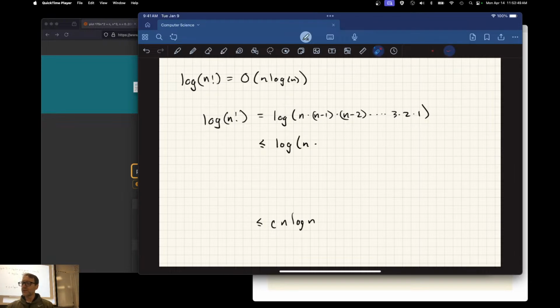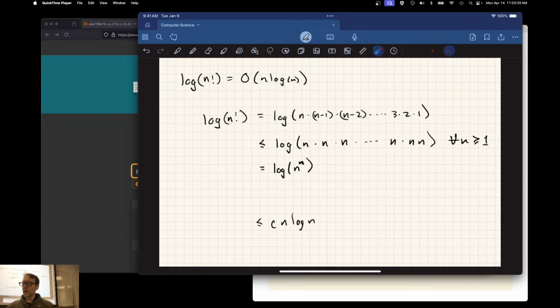Replace the second one with n, replace the third one with n, n, n, n, for all n greater than or equal to 1. Because we don't want to deal with zeros either because we've got logs here, and log of 0 is undefined. That's equal to log of, if I have n times n times n, how many n's is that? N to the n.